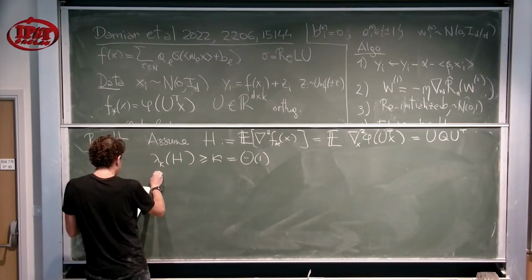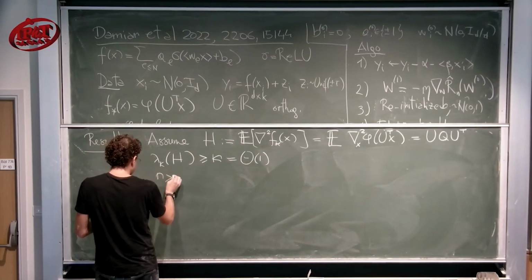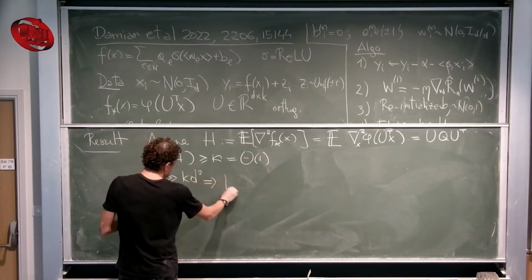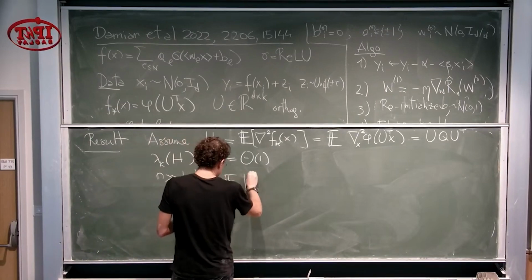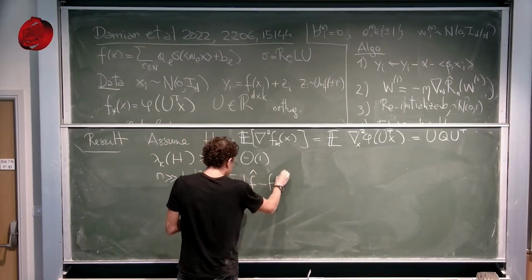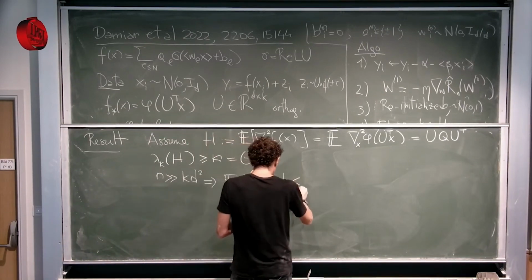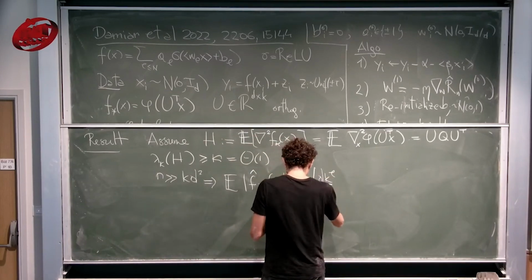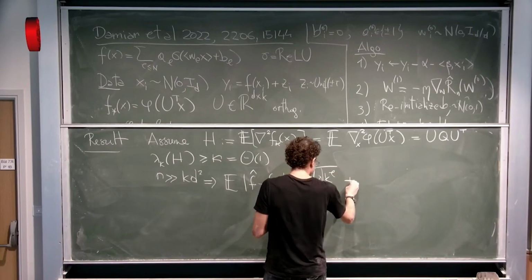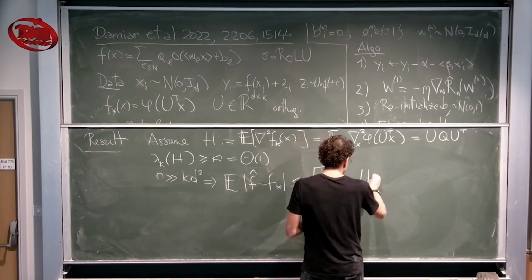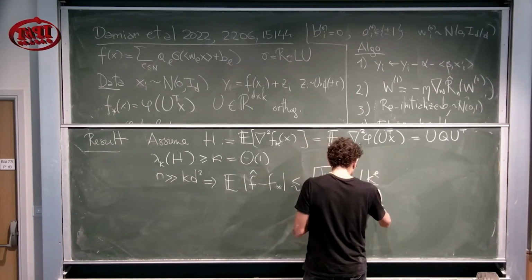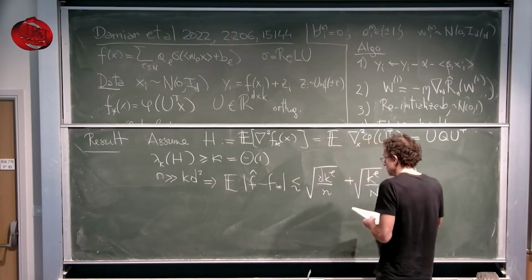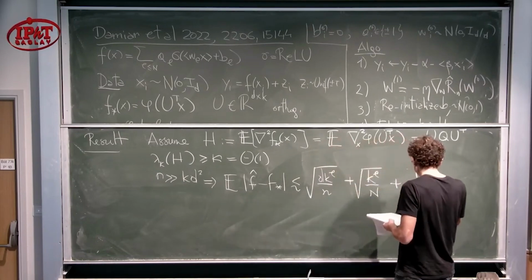And the result that they get is that if n is much bigger than k squared, then this risk is small, up to constants.